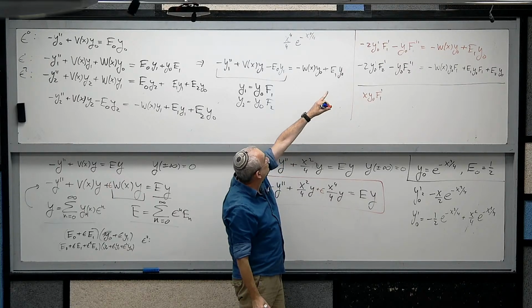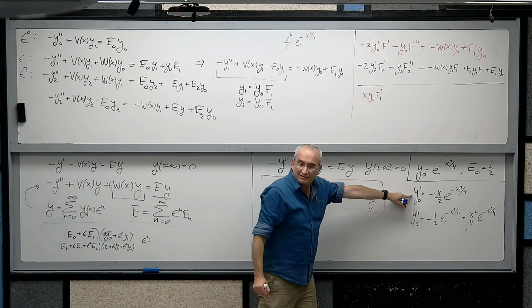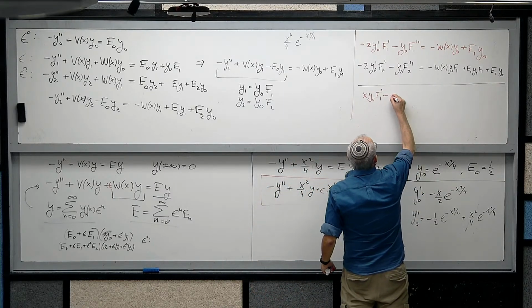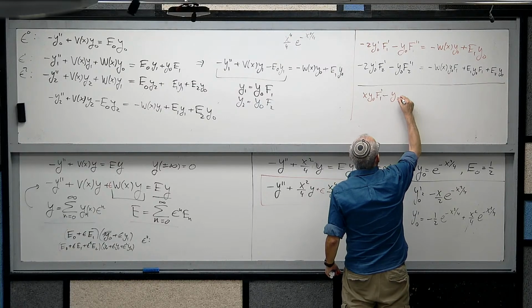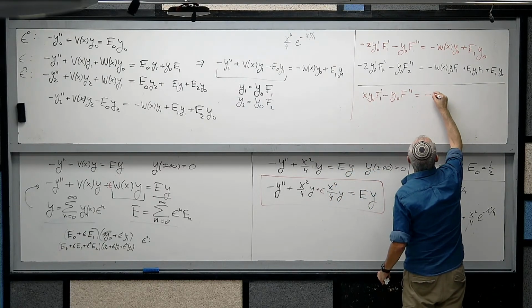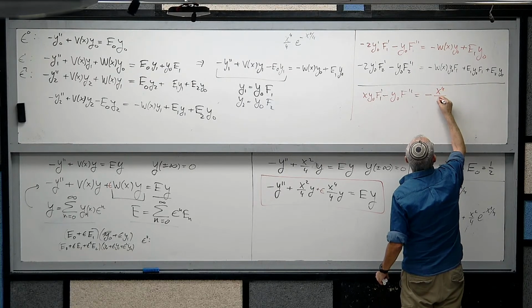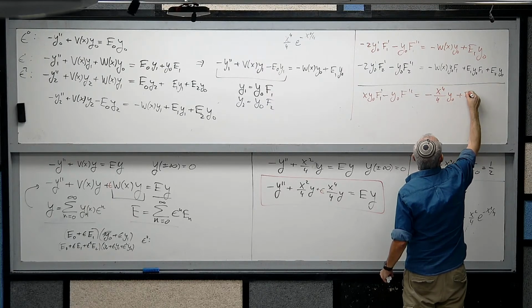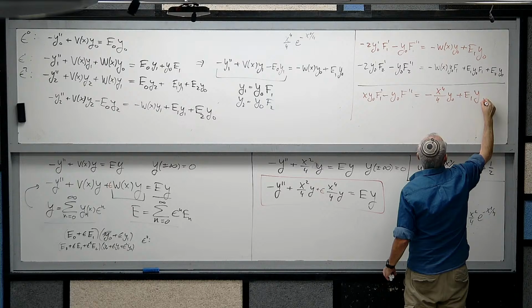This is the first term of the red equation when I plug this in. Minus y naught f1 double prime is equal to minus x to the 4 over 4, which is my w, times y naught, plus e1 times y naught.